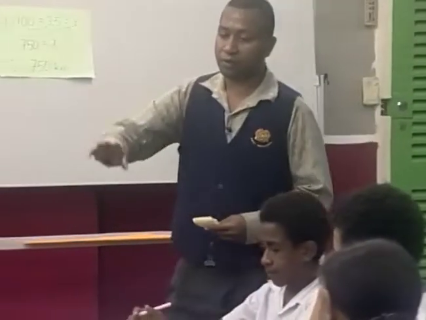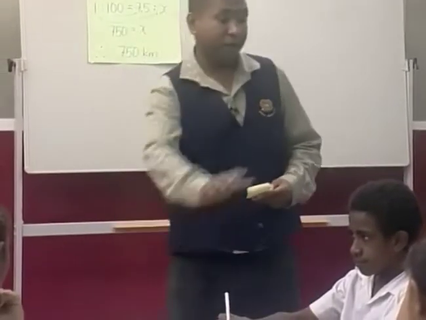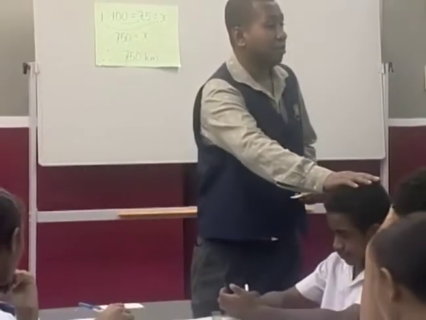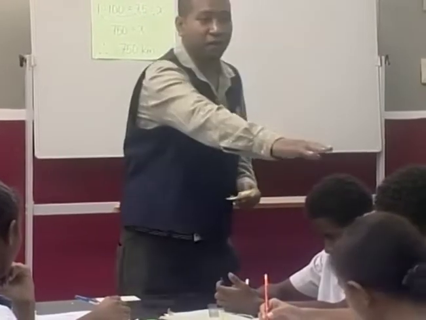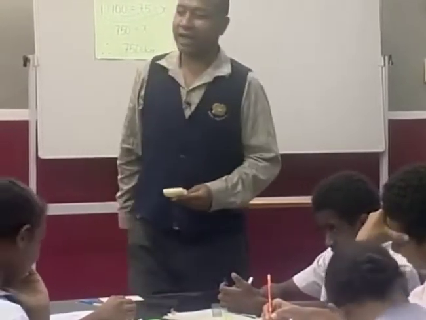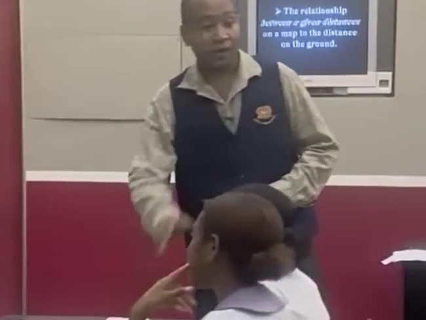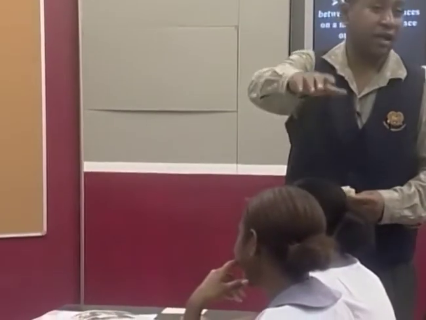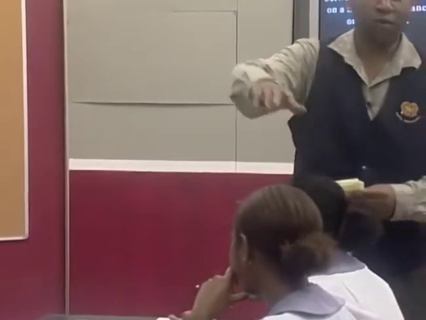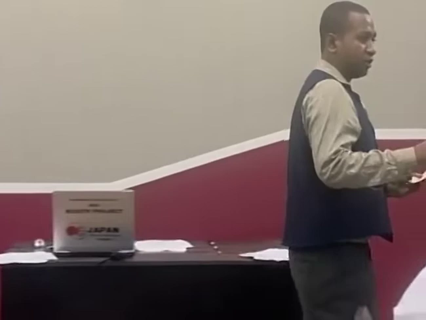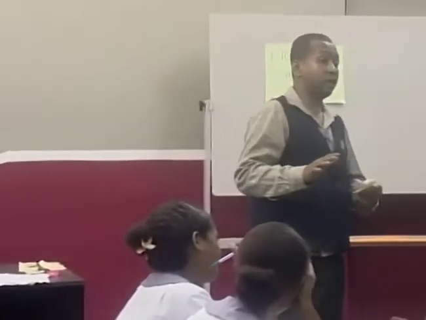Same goes to group B, so the first student will be known as B1, second student B2. The next group, group C: the first student will be C1, second student will be C2, and it goes on. So you are all in your groups. Those groups are known as home groups.